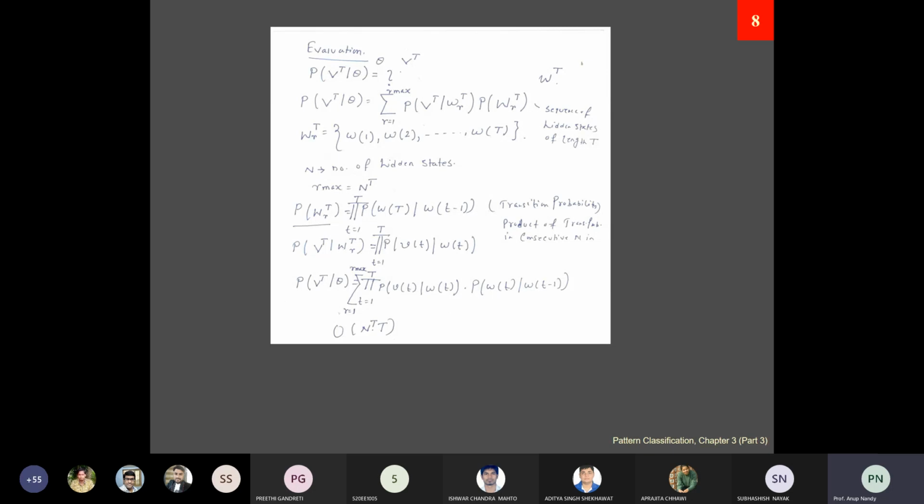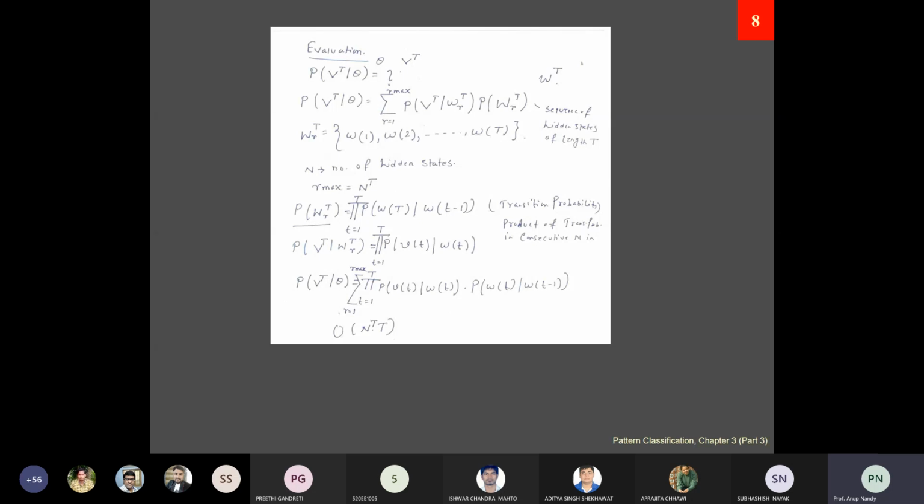So it is nothing but what we have already seen, the sum over r equal to 1 to r max of P(Vt|WrT) into P(WrT), where WrT is an actual set of a T-length sequence of hidden states, and out of these you take a particular sequence that you are going to choose.